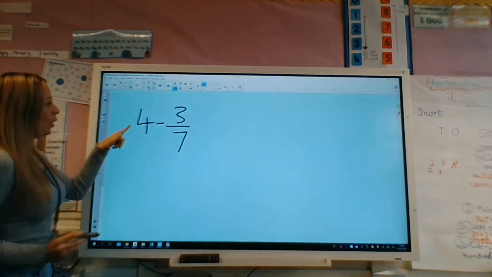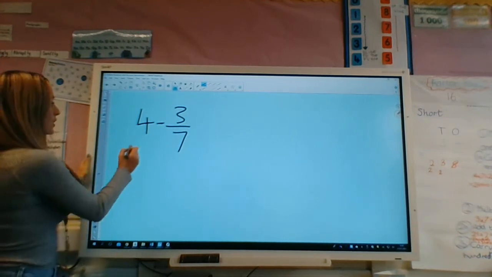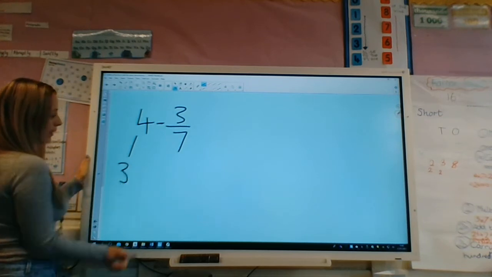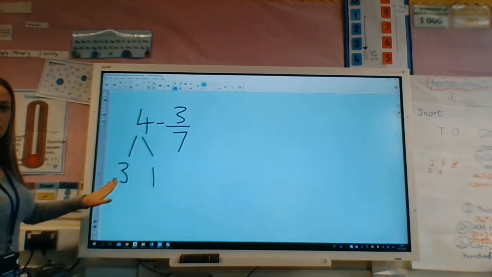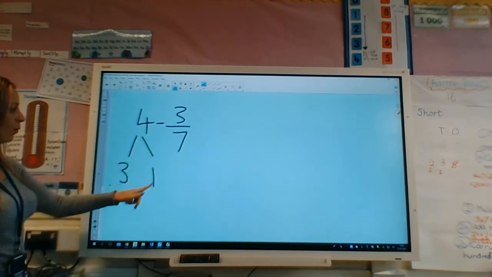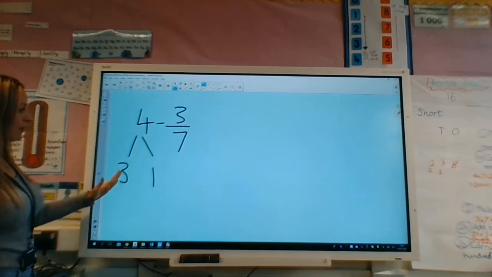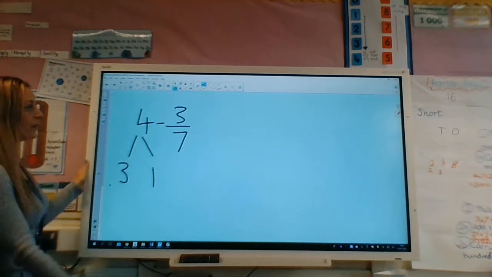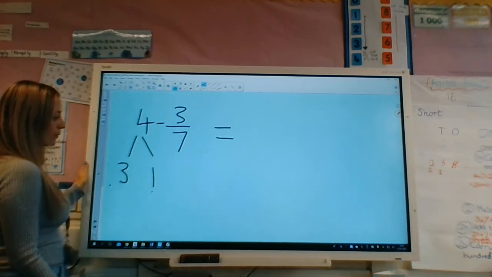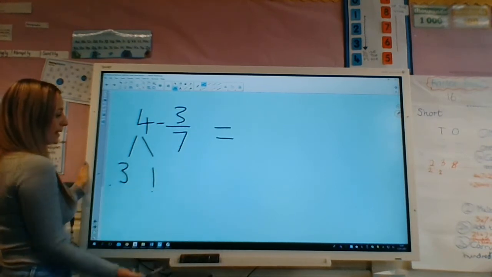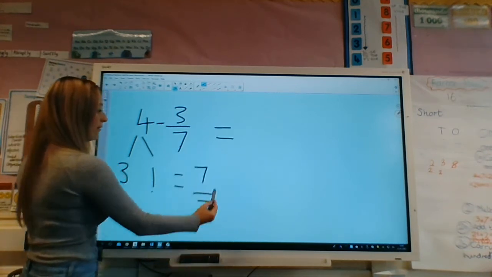So what we need to do is change one of these whole numbers into a fraction. So 4 is made of 3 wholes and 1 whole. Okay? We'll leave the 3 wholes. We don't need to convert that. We just need to convert one of them into a fraction so we can subtract. So what I want us to do is to convert this 1 whole into a fraction. If the denominator is 7, that 1 whole will be equal to 7 sevenths.